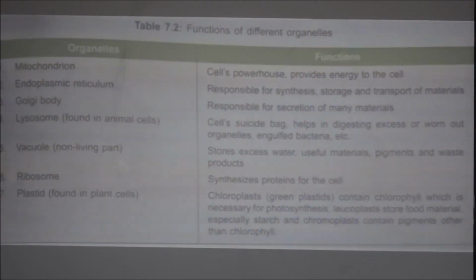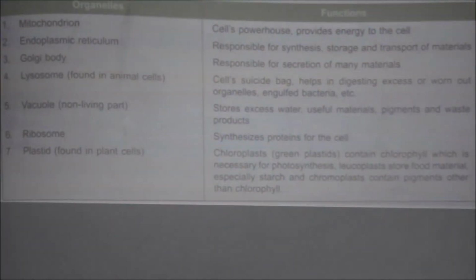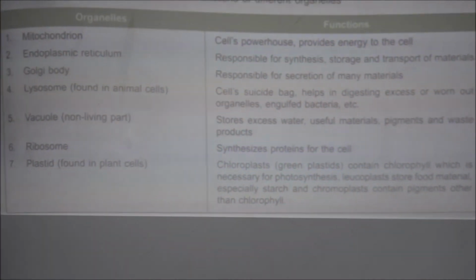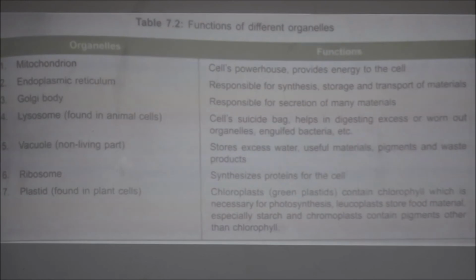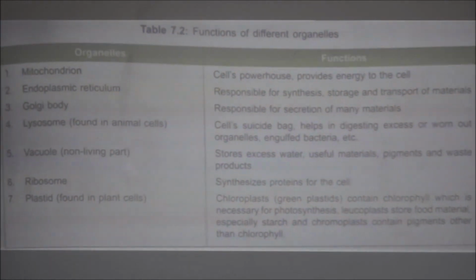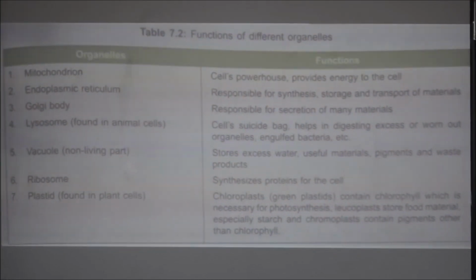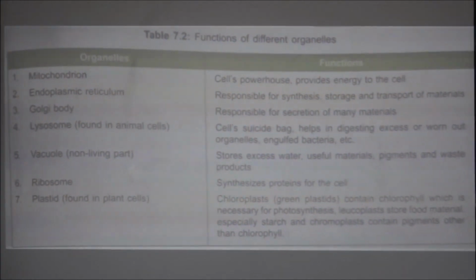The next one is plastid. This plastid is only found in plants. The function of plastid: chloroplast contains chlorophyll, which is necessary for photosynthesis. I already told you before that in the plastid there is a green pigment.